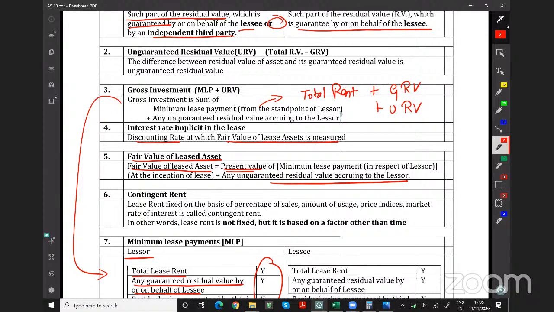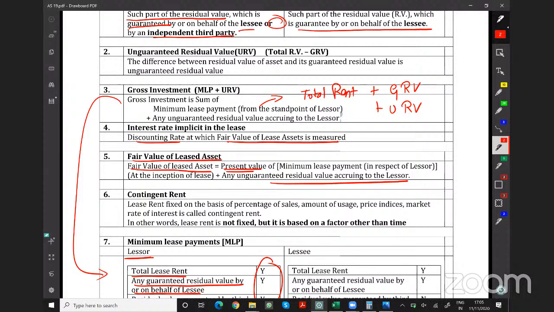In simple words, if I'm giving my asset for 10 years, what is the total amount receivable, sir? My brother is saying, I will pay you 5,000 every year for the next 10 years. So the total amount which I will receive is 50,000, plus he has guaranteed me 10,000 rupees. And the iPhone store has guaranteed me 7,000.